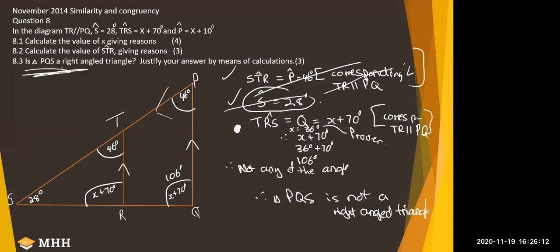Then it would have been a 90-degree triangle. Although it's sort of obvious this is an acute angle. Therefore, not any of the angles are equal to 90 degrees, and therefore this is not a right angle triangle. Okay, makes sense now, I hope. Because it's equal to 106, it's not 90, because for a right angle triangle, one of the angles must be equal to 90.